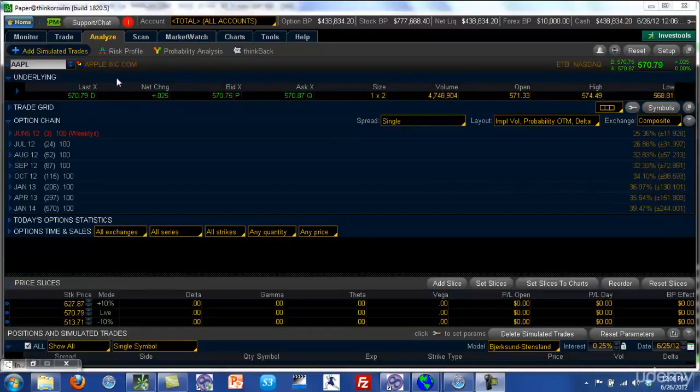So Apple's current price is 570. If you add 150 to that approximately, that will be about 720. And if you subtract 150, that will be about 420. So Apple's one standard deviation range over a period of about 300 days is going to be between 420 and 720. So that's what the one standard deviation range represents.